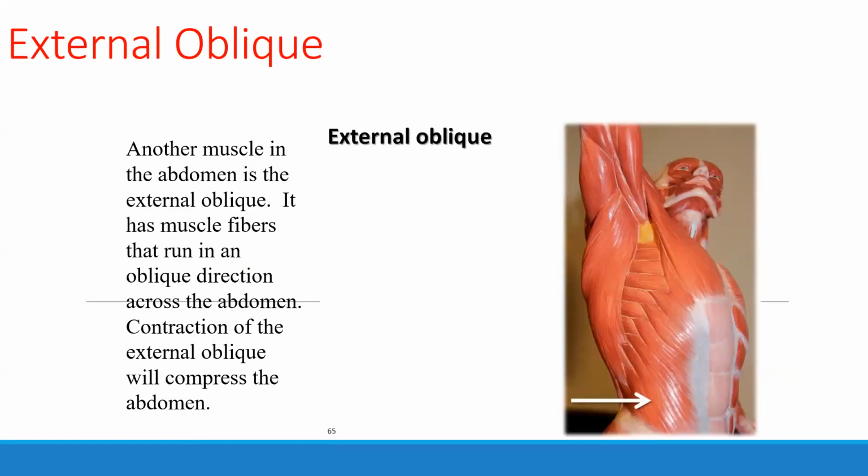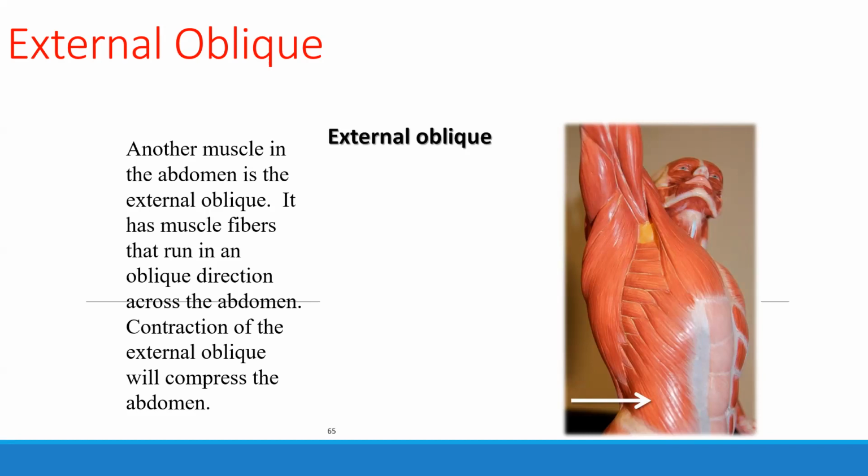External obliques are on the side of our abdomen. You want to know exactly where? Place your hands in your front pockets, point your fingers towards the midline, and that's the location of your external oblique muscles. When they contract, they also compress the abdomen for you.